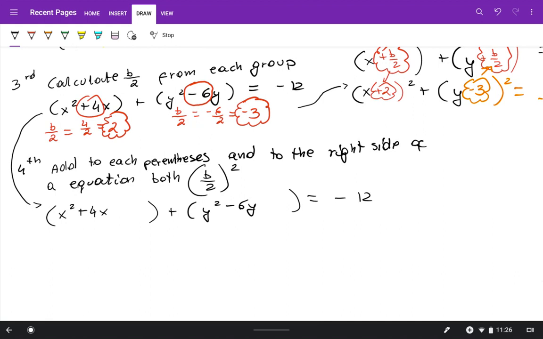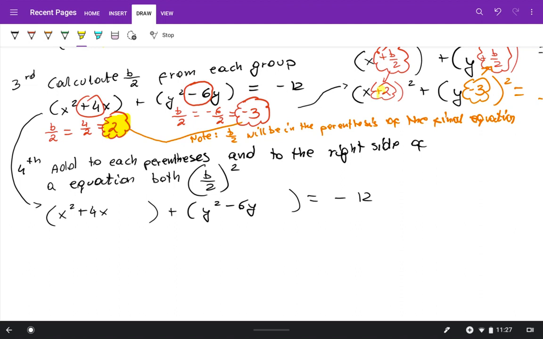And just a note here, that b over 2 will be in parentheses of the final equation, like you guys see.